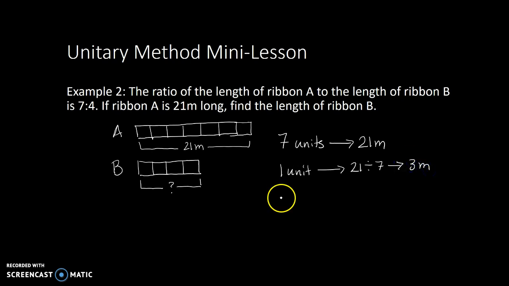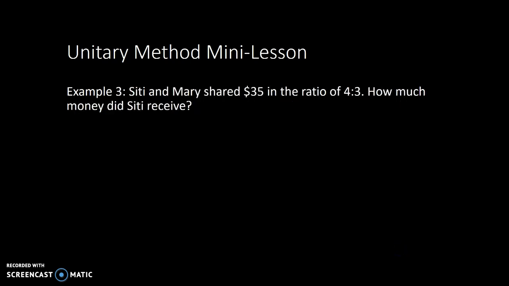Since I'm solving for B, I'm going to solve for 4 units. And that's going to equal 3 times 4, which equals 12 meters. So B is 12 meters long. Okay, go ahead and try this one on your own, then come back and check it.